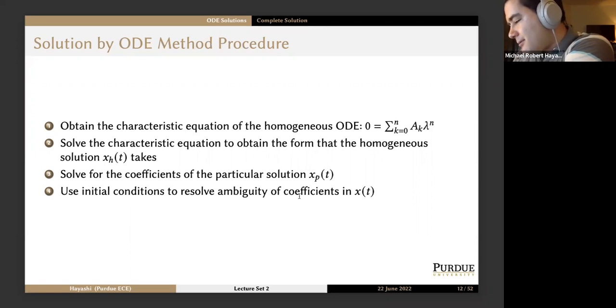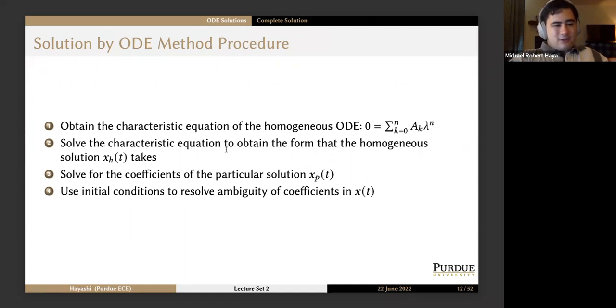And then the first step is going to be to obtain the characteristic equation of the homogeneous ODE. So again, that should be 0 equals sum from k equals 0 to n of a sub k lambda to the k. We'll solve the characteristic equation to obtain the form that the homogeneous solution takes.